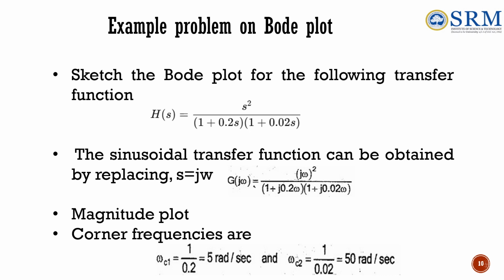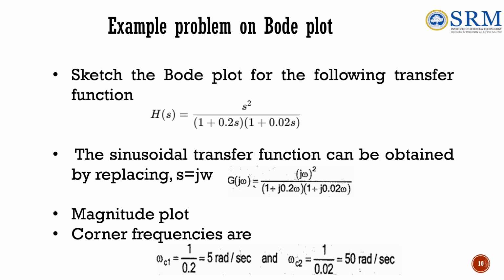Sketch the Bode plot for the following transfer function. Here the transfer function is given as G of s equal to s square divided by (1 plus 0.2 s) into (1 plus 0.02 s). The first step to plot the Bode plot is to write the given transfer function in frequency domain.